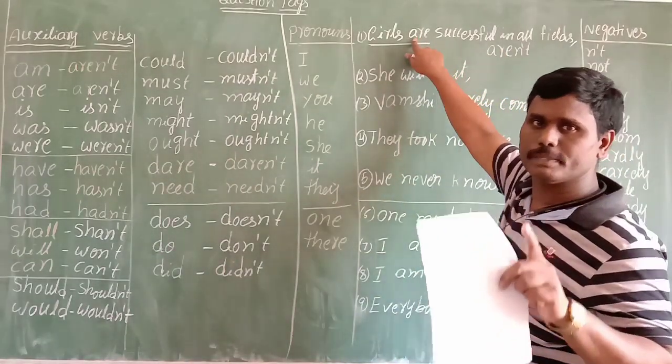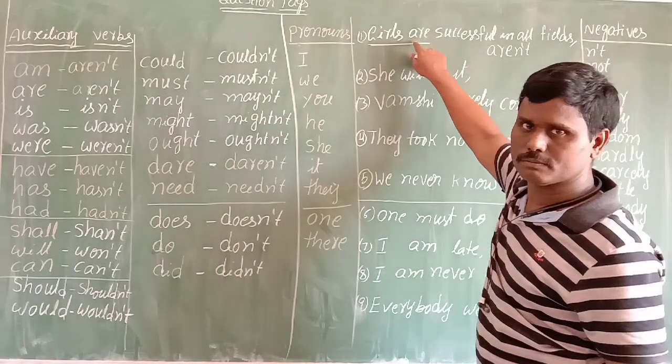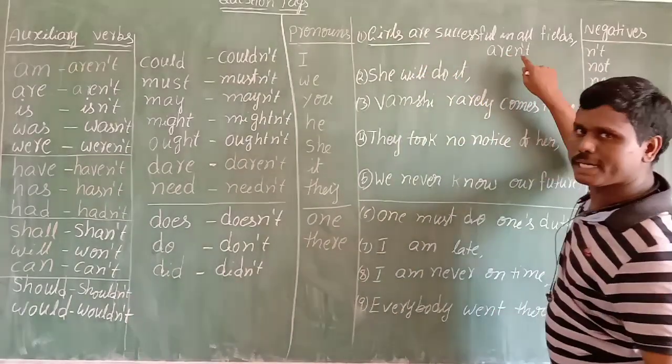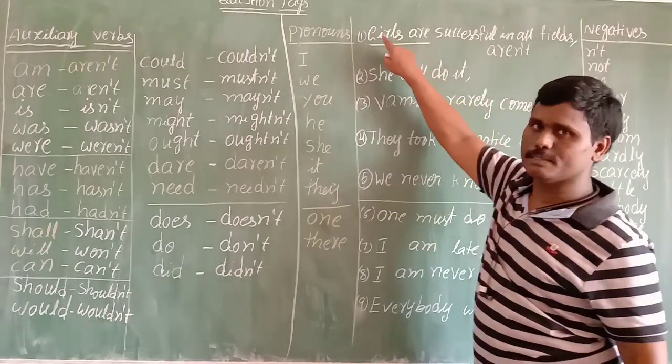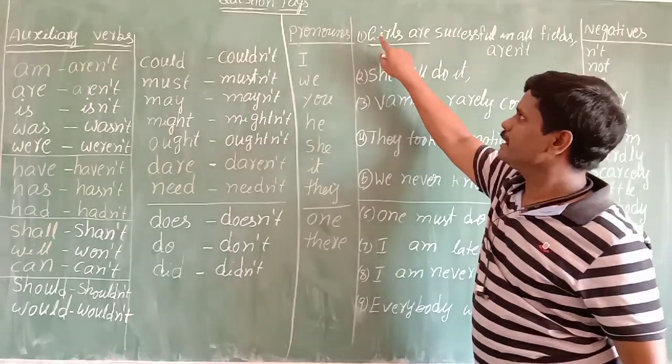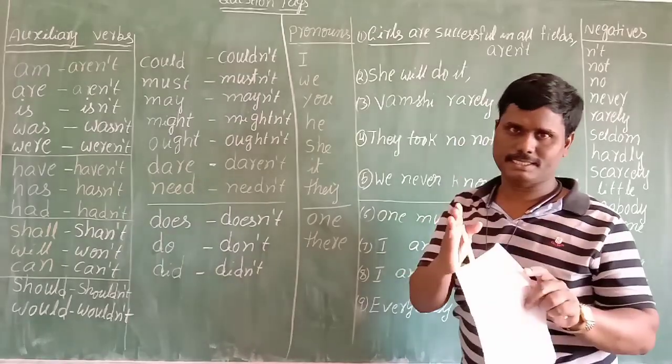What is the helping verb? If there is a helping verb in the given sentence, we use the same helping verb to write the question tag. Next, what is the subject? Girls. If the subject is a pronoun, we write the subject as it is.